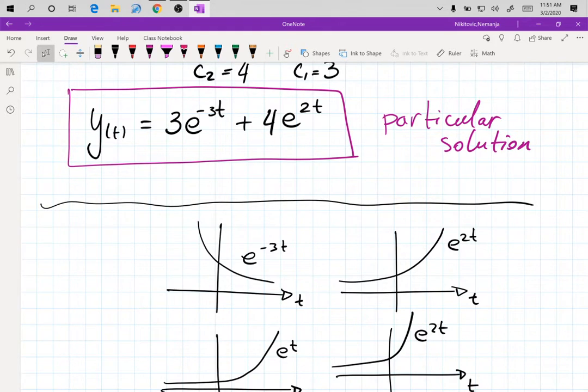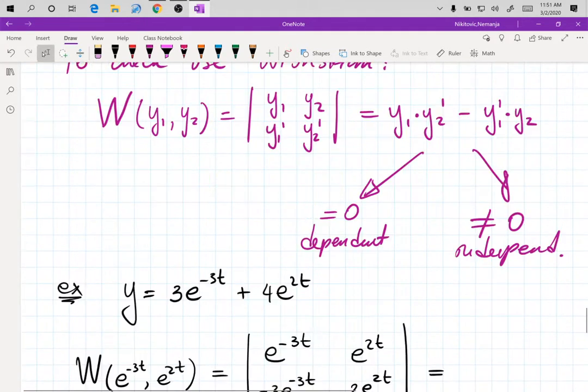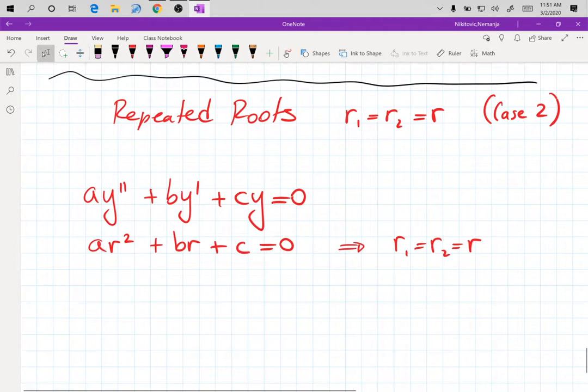Most of the time you learn case 1, 2, 3 one after the other. Well, in this case, you didn't. So please have some kind of a place where you're dumping all of these things one after the other. So you say, okay, if I have a constant coefficient, second order, and I solve the characteristic equation, these are the 3 outcomes that I can have, right? The first outcome is different values real. Second outcome is this one.